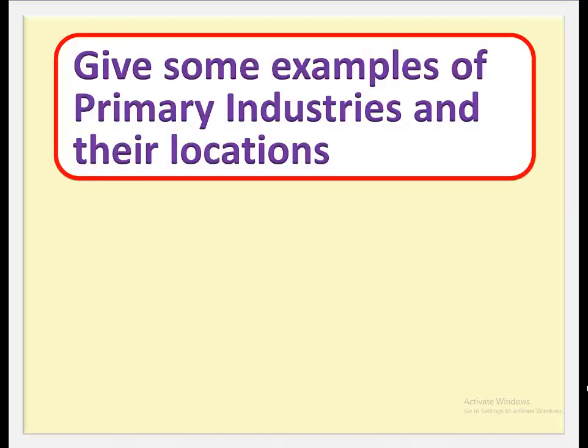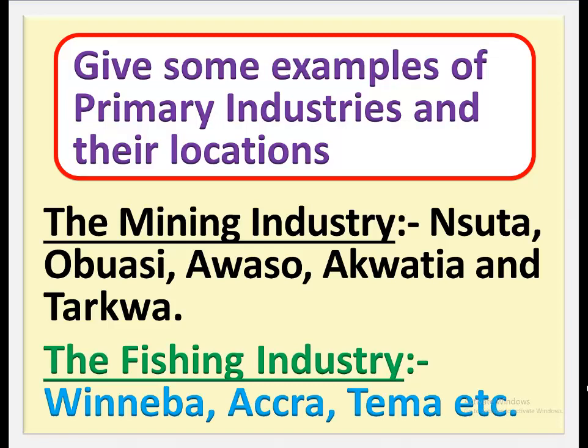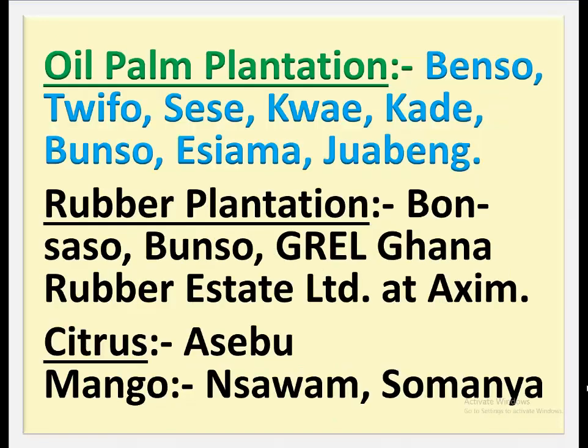Give some examples of primary industries and their locations. The mining industry: Nsuta, Obuasi, Prestea, Akwatia and Tarkwa. The fishing industry: Winneba, Accra, Tema, etc. Oil palm plantation: Benso, Kwae, Kade, Bunso, Ejisu, Juaben.